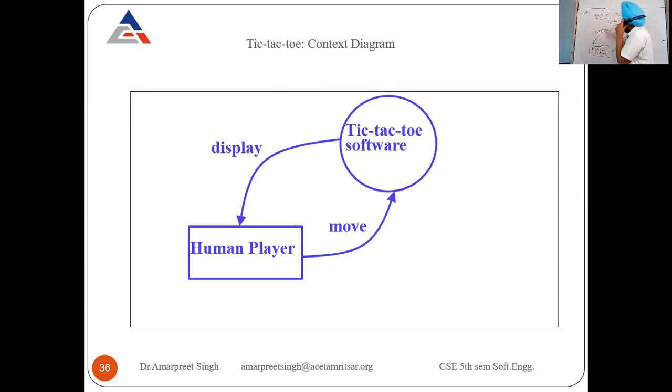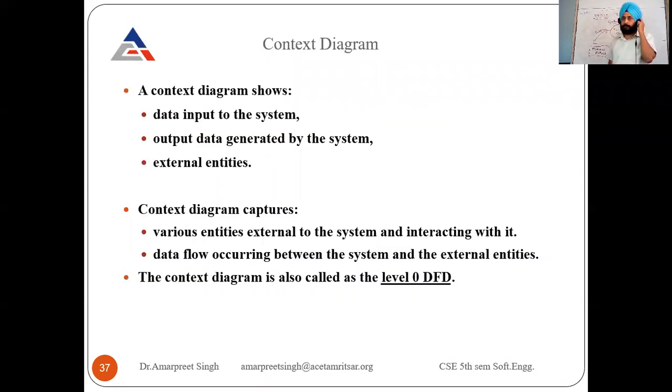We will further see level 1 and level 2 of this tic-tac-toe in our coming slides. Next. A context diagram shows data input to the system, output data generated by the system, and the external entities. So the context diagram captures various entities which are external to the system and interacting with the system.